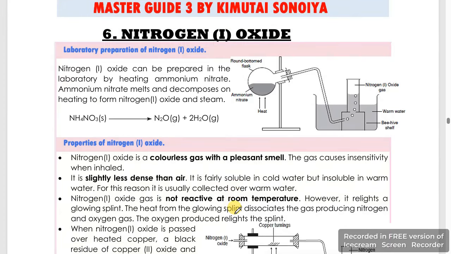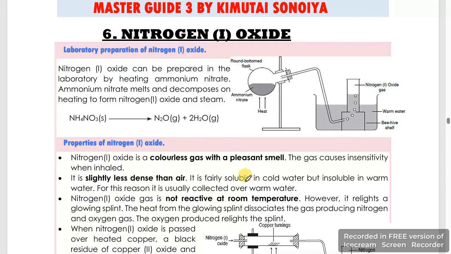Nitrogen 1 oxide is prepared by heating ammonium nitrate in a round bottomed flask. The gas is collected by the over water method and the water should be warm. Why does the water need to be warm?